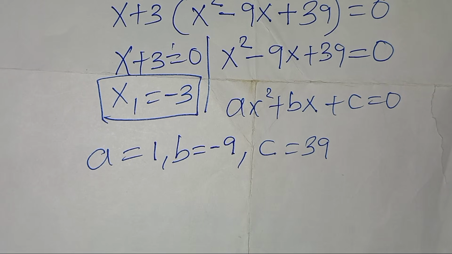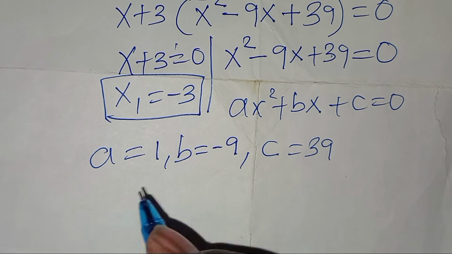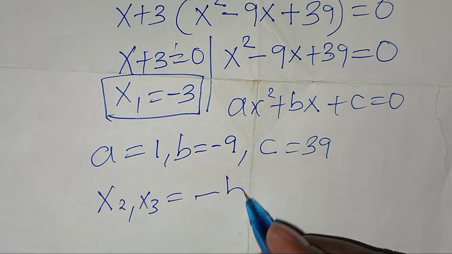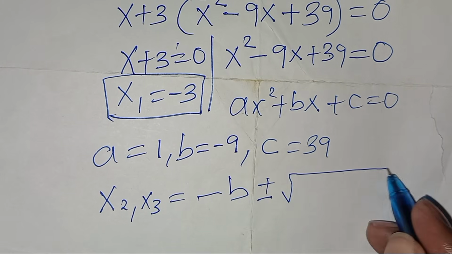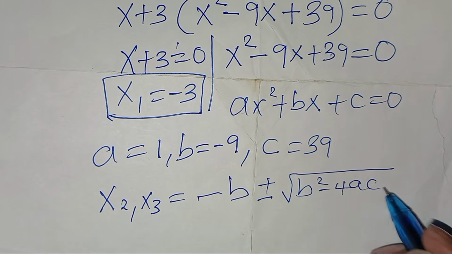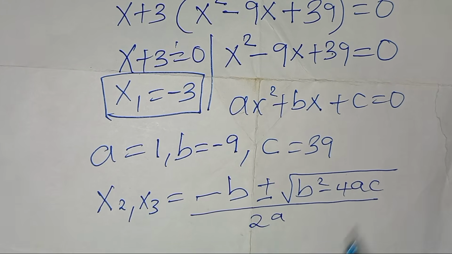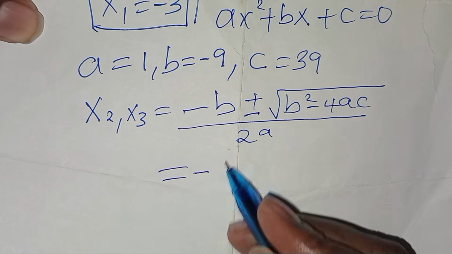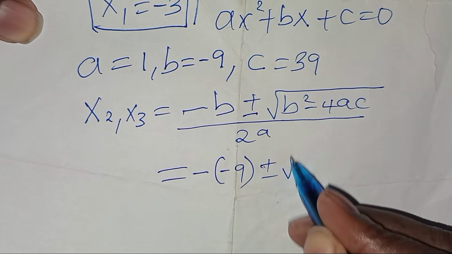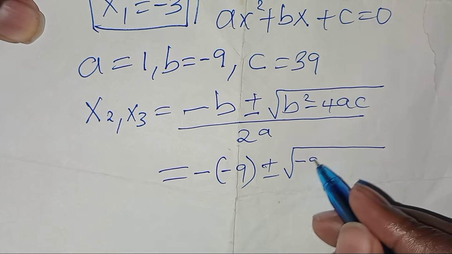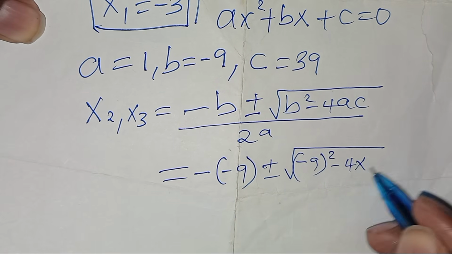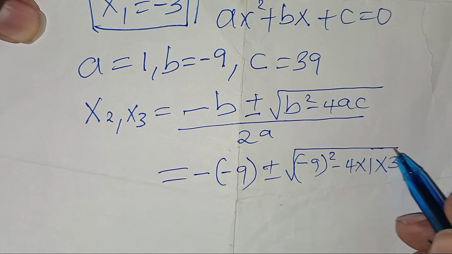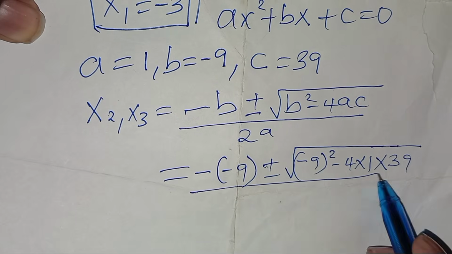Now we have to solve for the values of x2 and x3 by applying the quadratic formula, which is -b plus or minus the square root of b squared minus 4ac, all divided by 2a. So substituting the values of a, b, and c, we'll have -(-9) plus or minus the square root of (-9) squared minus 4 times 1 times 39, all divided by 2 times 1.